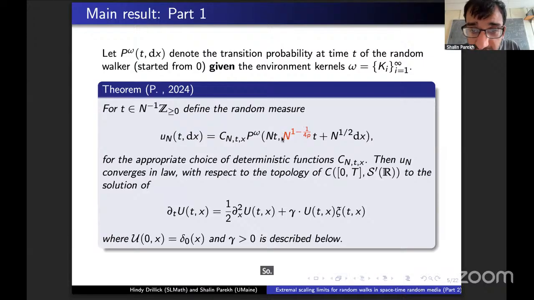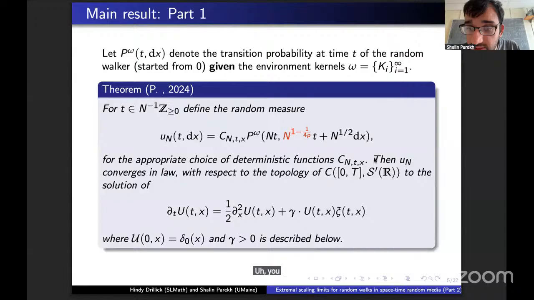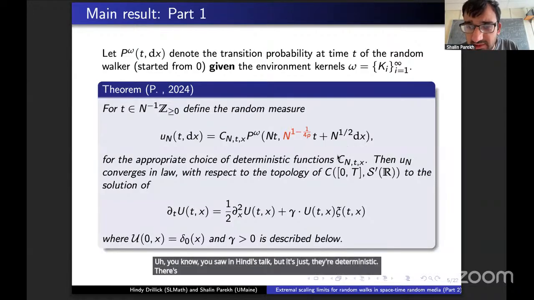If p is 1, then this is n to the 3/4. If p is 2, then this is n to the 7/8. And the constants C_n(t,x), I have not written here because the expression is kind of complicated. You saw it in Hindy's talk, but they're deterministic. There's no randomness in the C_n(t,x).